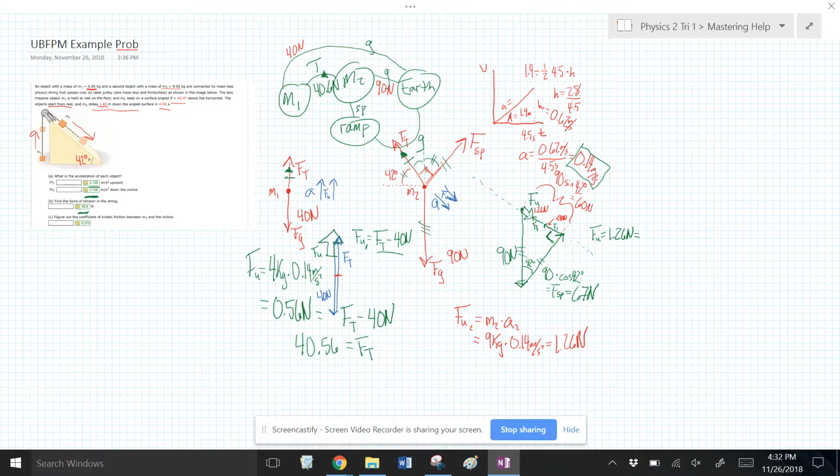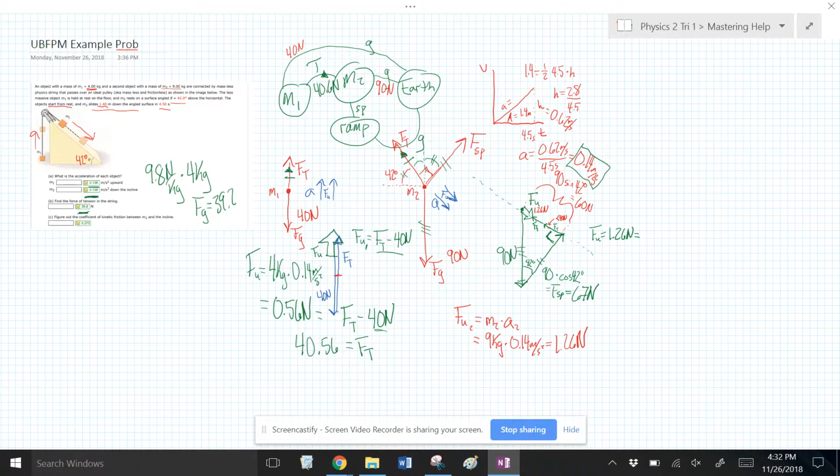Oh, if they're using 9.8 newtons per kilogram times the 4 kilograms, they would have an FG of 39.2 instead of the 40 that we're using over here. So that's how they can get away with a tension force of less than 40, just being a little bit more precise with the values. But the physics is still kind of working out the same.